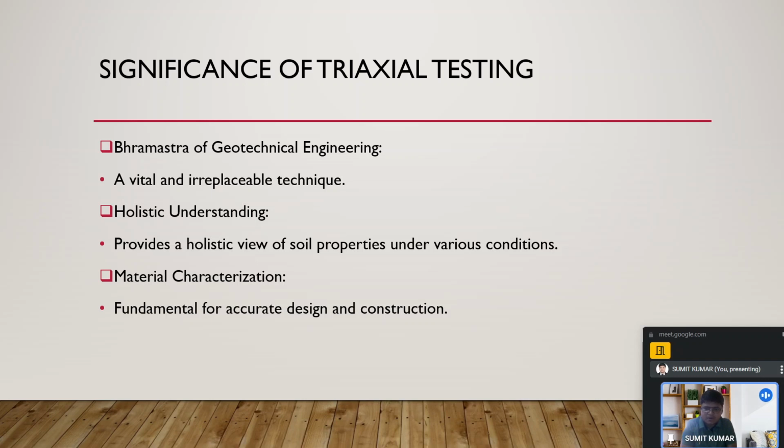And it also provides a view of soil properties under various conditions, because we could control the drainage conditions. So we can see how the same soil could behave under different conditions. It is not compulsory to perform this test on a specific type of soil; on the same soil we could perform this test and get better insight into the values by performing different tests on the same soil.